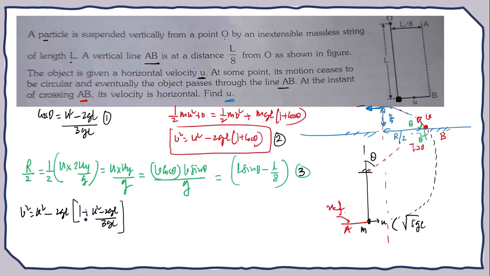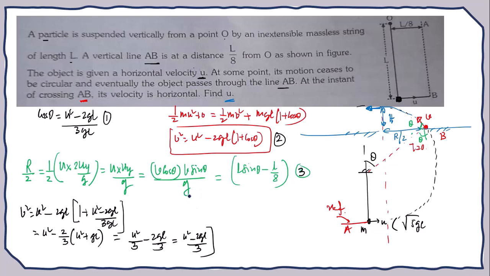So 3gl minus 2gl, gl, U square plus gl, by 3gl. So ultimately I am getting U square minus 2 by 3 into (U square plus gl). That means this is U square by 3 minus 2gl by 3, or (U square minus 2gl) by 3. Okay. So this is the answer for V.